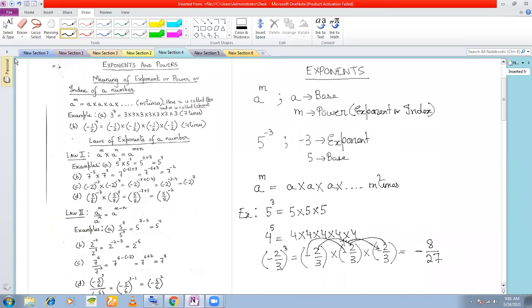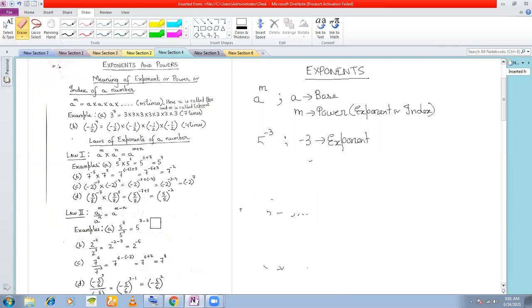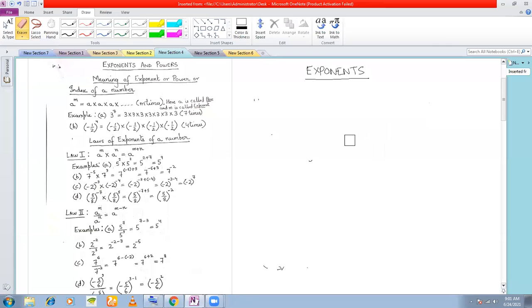Now once we know the meaning of the exponent or index of a number, we move on to the next part, which is the laws of exponents. Law 1 of exponents: a to the power of m into a to the power of n is equal to a to the power of m plus n.